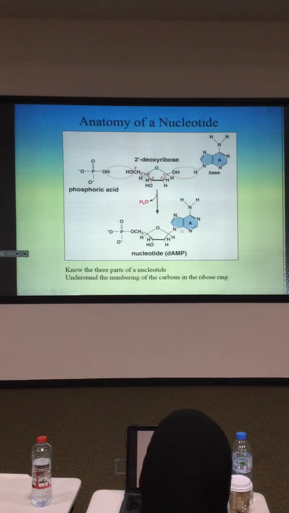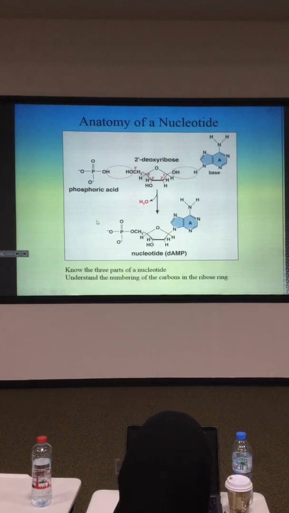Adenine forms a bond with the ribose, 1 prime, through N9. There is a phosphate attached to the 5 prime of the ribose sugar, and this is the nucleotide.